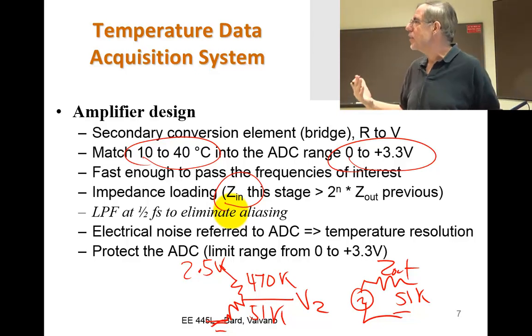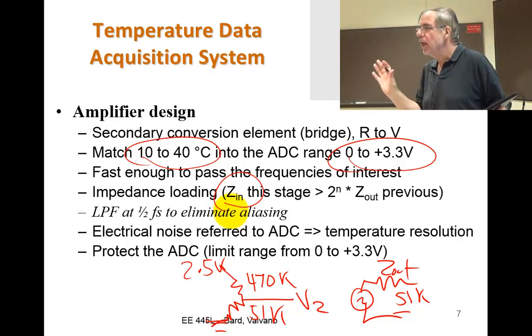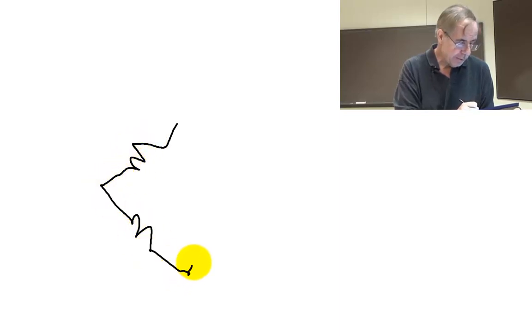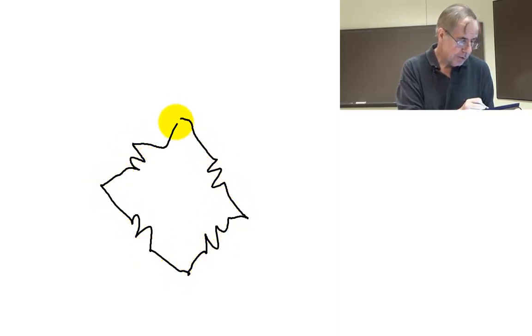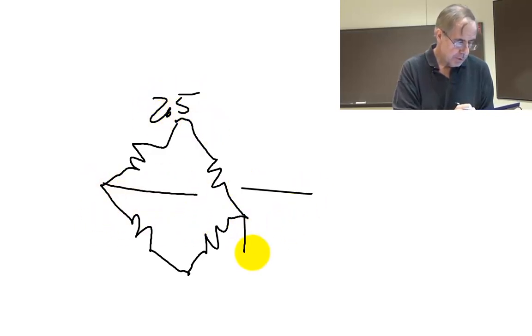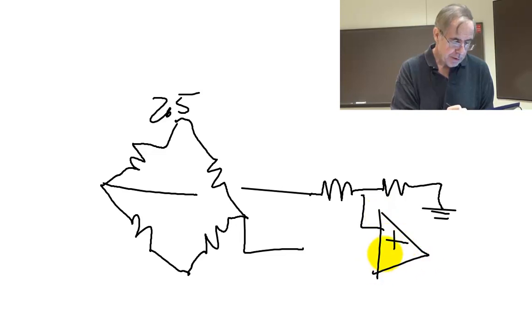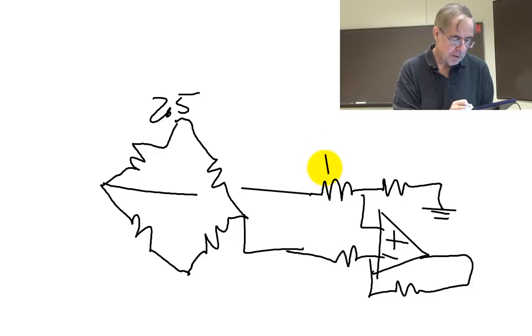And so when I ask on the exam, what if I took a bridge and I connected it to the other differential amplifier? Remember that one? R4.